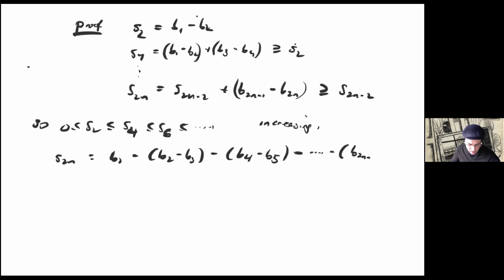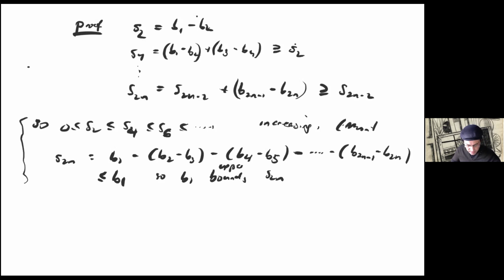Now, every term in parentheses is positive and is being subtracted off of b1. So b1 is an upper bound for S_(2n). So now we have a sequence which is monotone and is bounded.